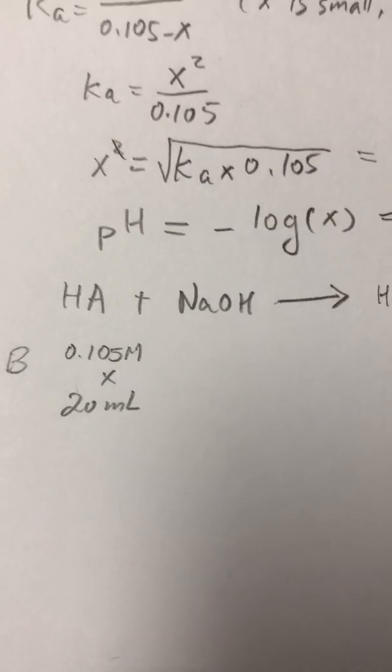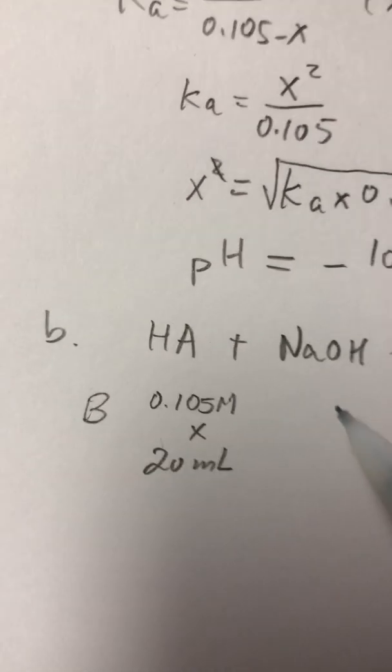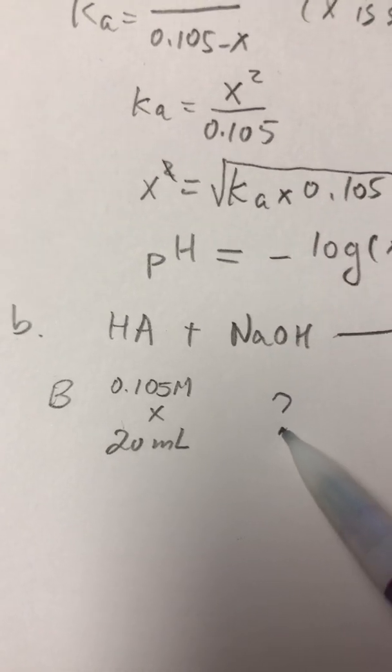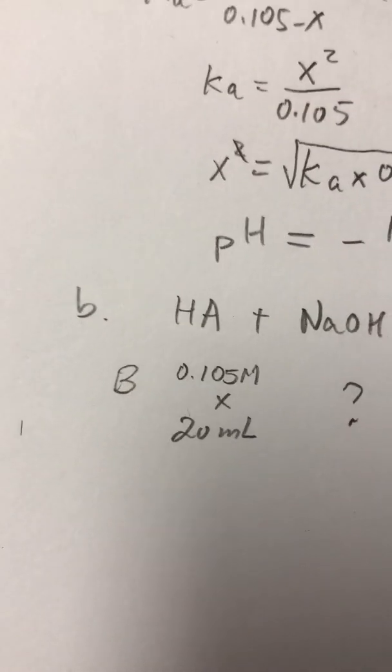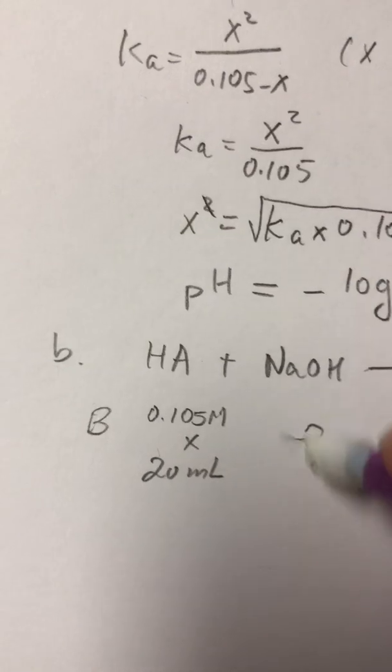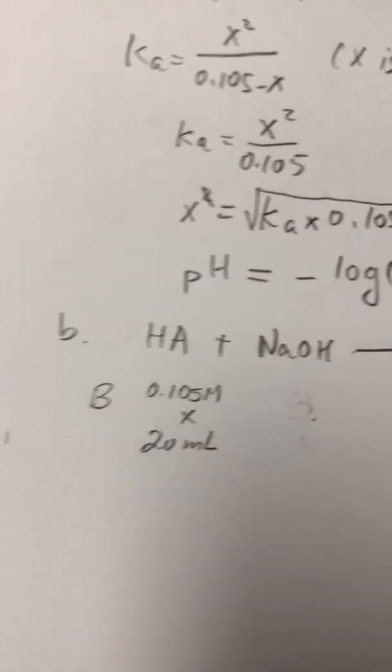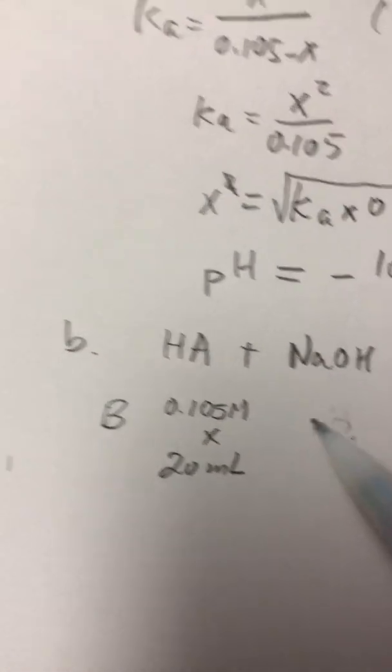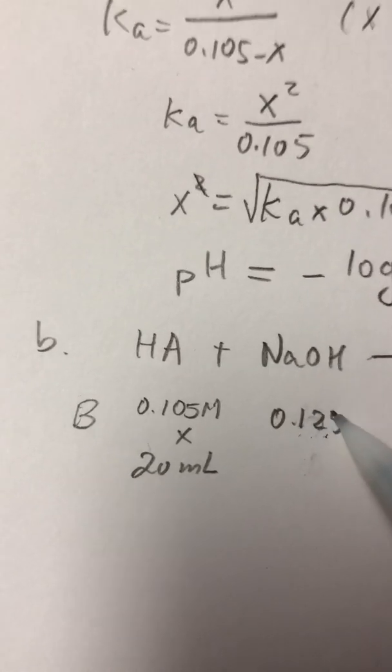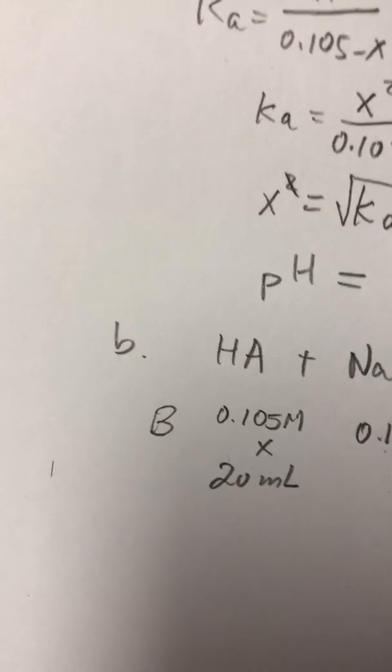For X, well, for sodium hydroxide, we don't know the amount of substance. What we do know is this concentration is 0.125 molar. We don't know the volume. The volume is something we need to find out.